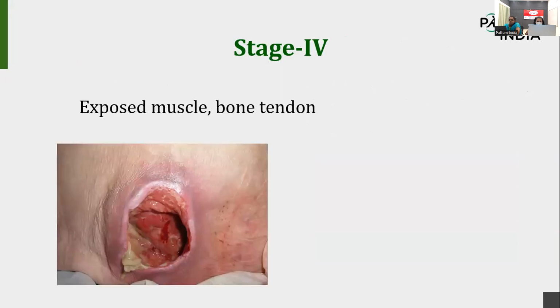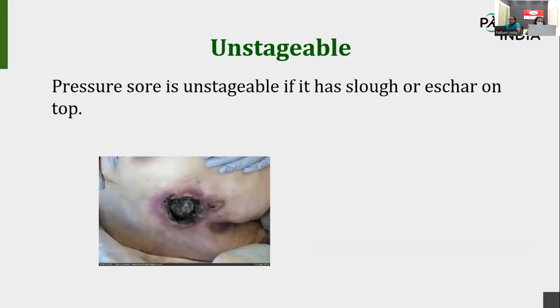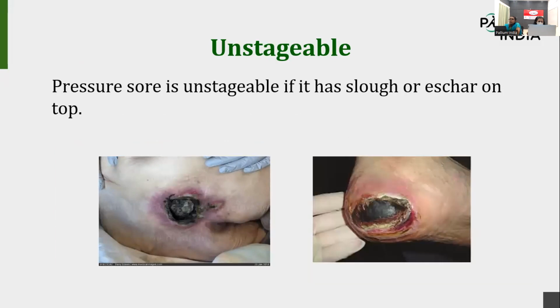And coming to the fourth stage, exposed muscle, bone, and tendon. You are able to see the bone, muscle, and tendon. I'll come to the management later. The fifth stage is unstageable. Unstageable is when there is black necrotic tissue on top of the wound and we can't assess it. So you have to document it as an unstageable wound.